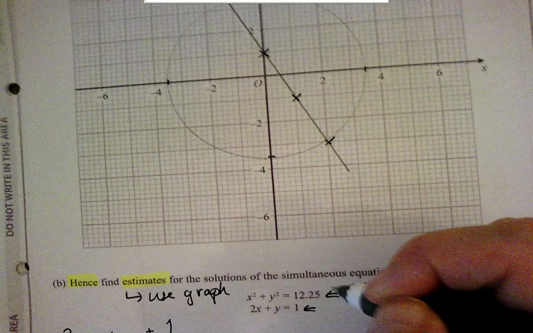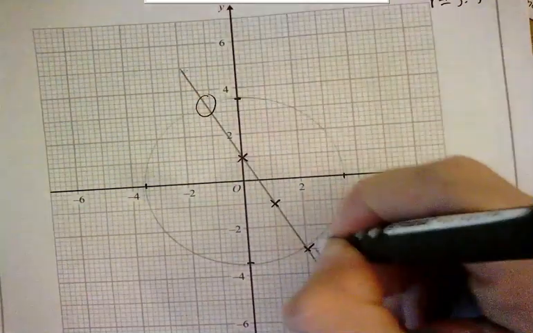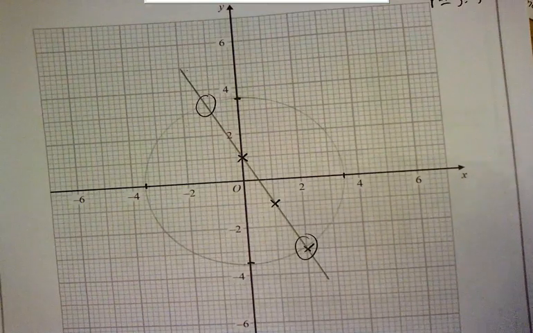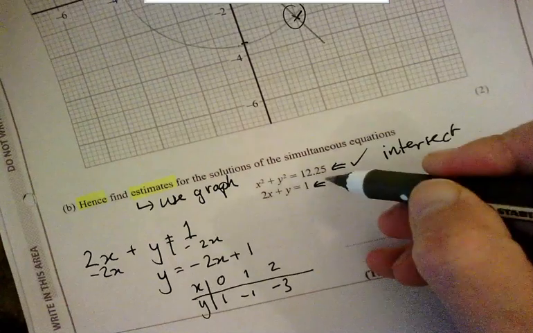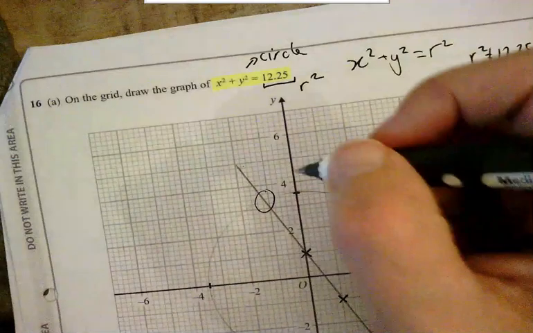The solutions to these simultaneous equations are where the two graphs intersect. So these 2 points are going to give me my 2 solutions. I can see these are equations in y and x, so I want the y and the x coordinate.